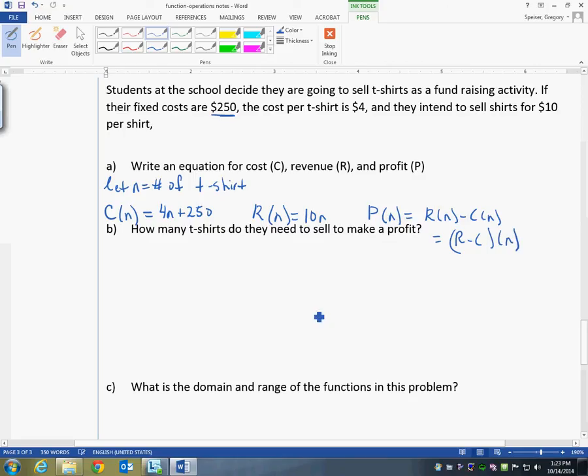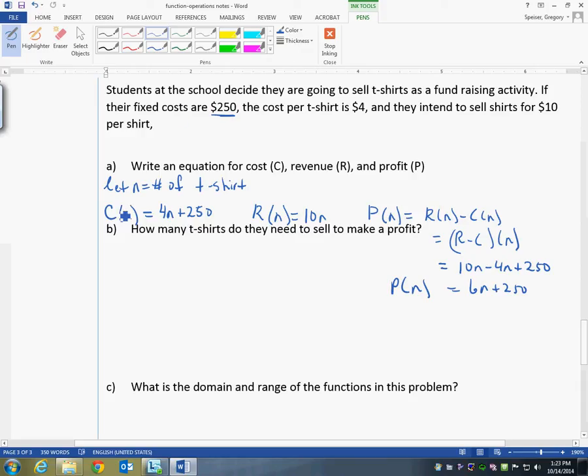If I combine it together. How many t-shirts do they need to sell to make a profit? Well, why don't we just define this in terms of n? So if I put the numbers together, it's going to be 10n minus 4n plus 250. So this is going to be equal to 6n plus 250. So in other words, their profit is 6n plus 250.